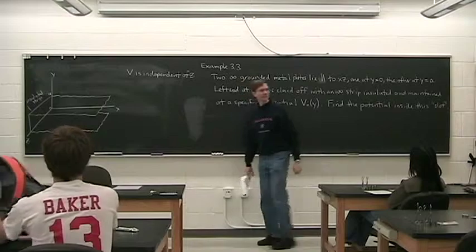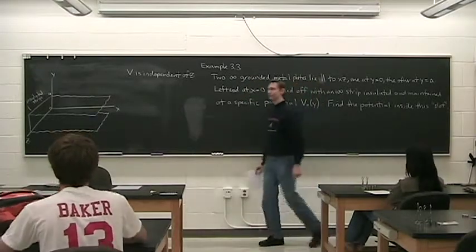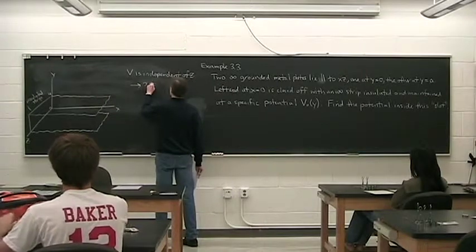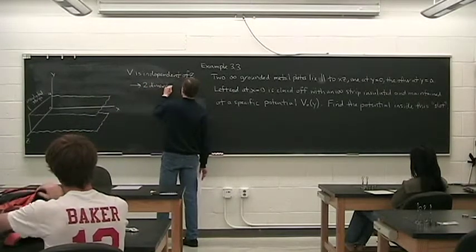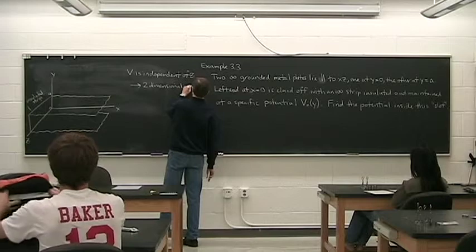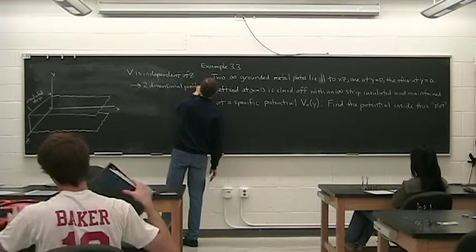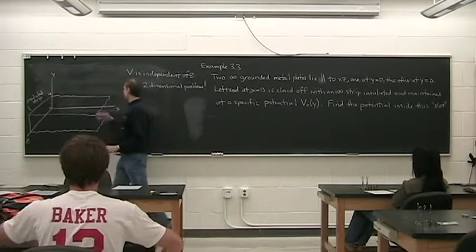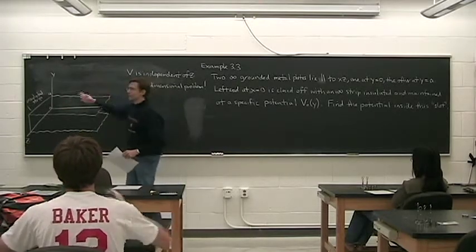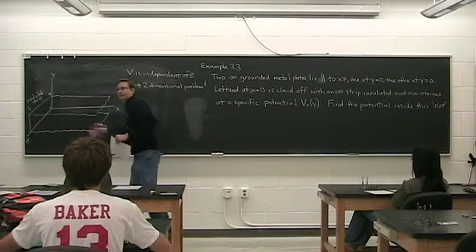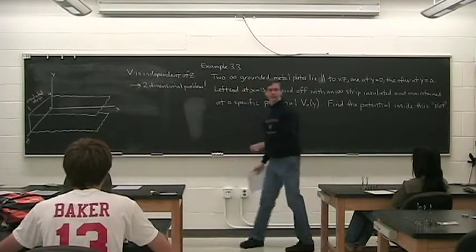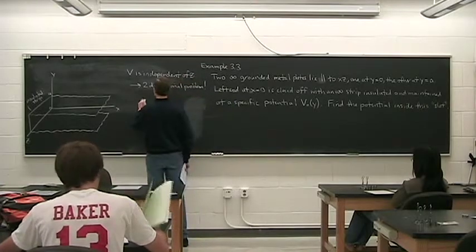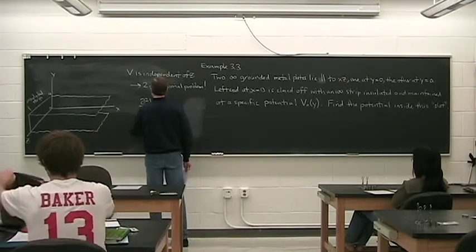Yay, V is independent of Z, right? Nothing depends on Z here, so this is a two-dimensional problem. In reality, that's why we like this infinity business here. It's really a two-dimensional problem. You just need to solve in the xy plane, basically, and then continue that forward along the z-axis to plus and minus infinity. And so all we really need to solve then is the two-dimensional Laplace's equation.